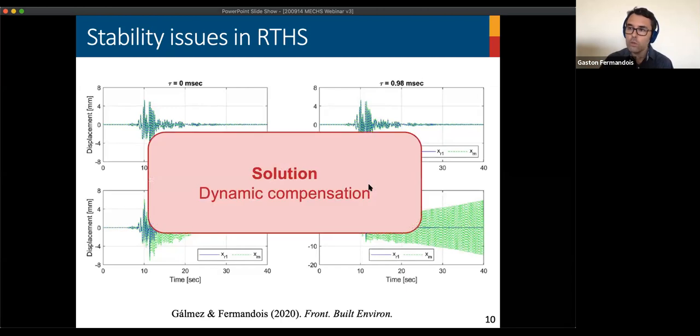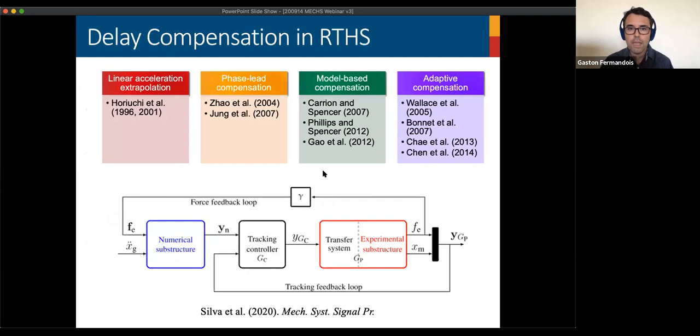What is the solution to this problem? Through dynamic compensation. And there are a bunch of different alternatives of dynamic compensation that have also been studied in the literature.